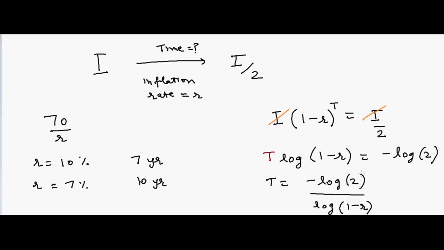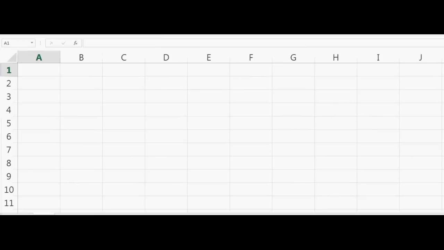So instead of doing this complicated calculation, we can use this trick. But let's do this complicated calculation in Excel and see how this trick was made. So let's go to Excel, and suppose we have the rate, which is not the interest rate, it's the inflation rate. That's equal to 2, 3, 4, 5, and we have different inflation rates. And this is our time.